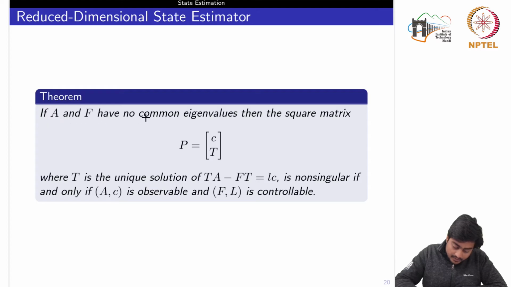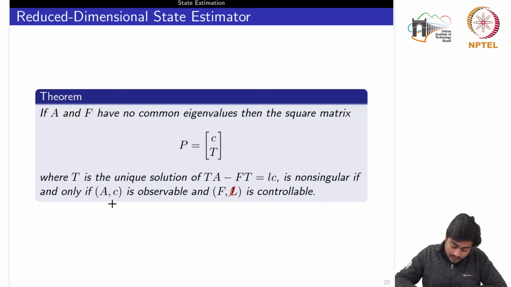If A and F have no common eigenvalues, which we have already ensured in the design step by selecting the F matrix in such a way that both matrices do not share the same eigenvalues, then the square matrix formed by combining the output matrix C and the matrix T, where T is obtained by solving the Lyapunov equation, is non-singular if and only if the pair A comma C is observable and the pair F comma L is controllable.